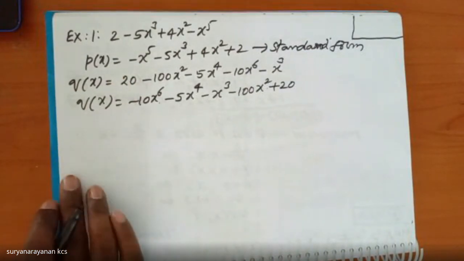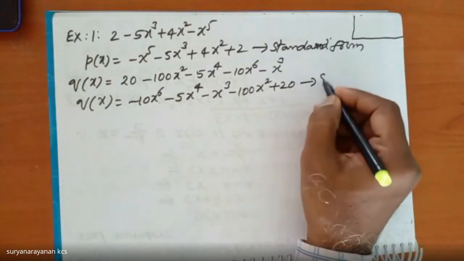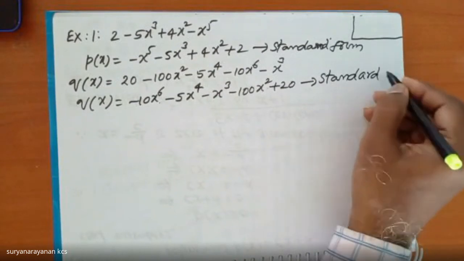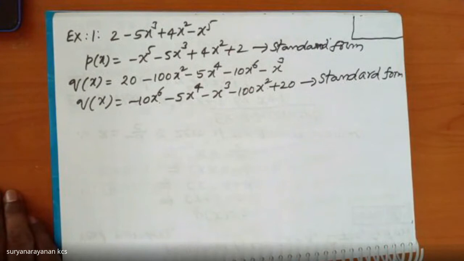Okay, my dear Shanti? Yes, sir. Okay, my dear children, understood this concept, writing a polynomial in the standard form? Nikita, Krish, Srijana, Janej, Anmol, Mahima, Trinson. Okay, understood, sir.